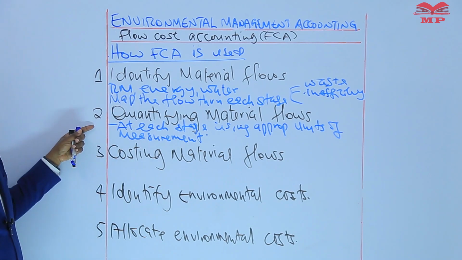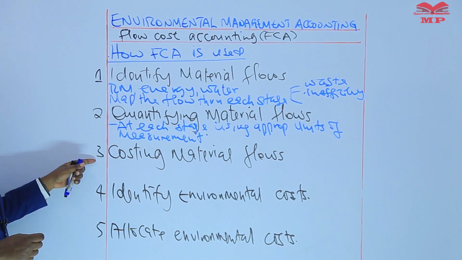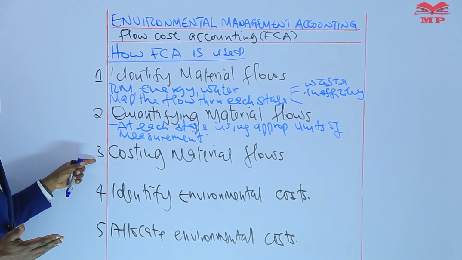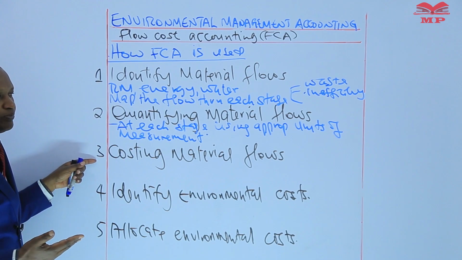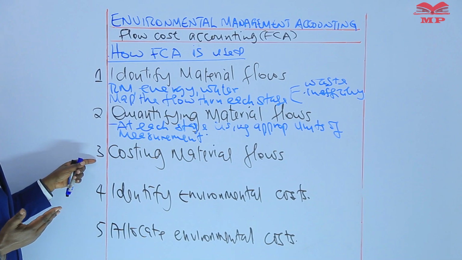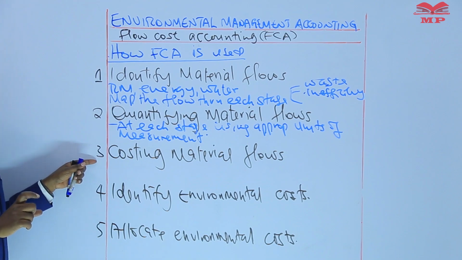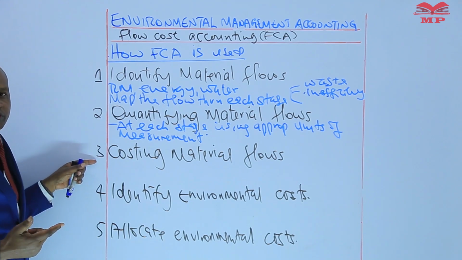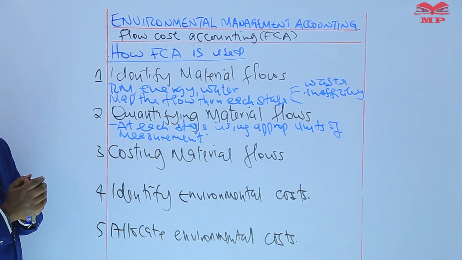Quantifying material flows. Then step number 3 is costing material flows. This means assigning environmental costs to each material flow based on their source, their volume, and their impact.